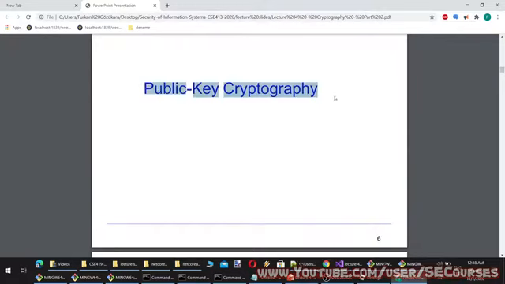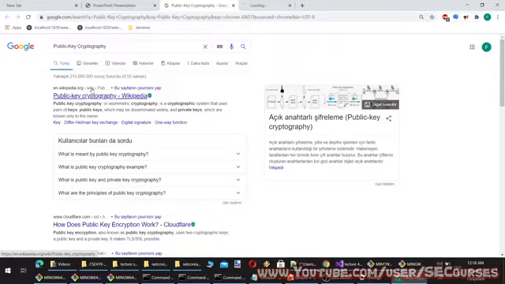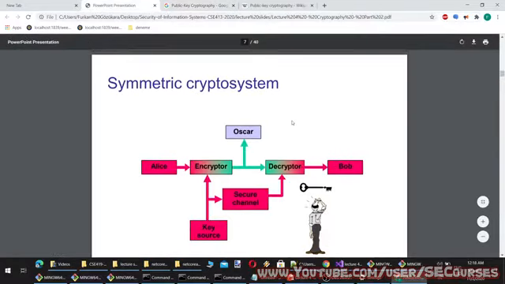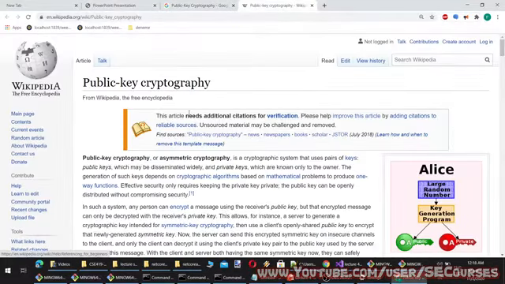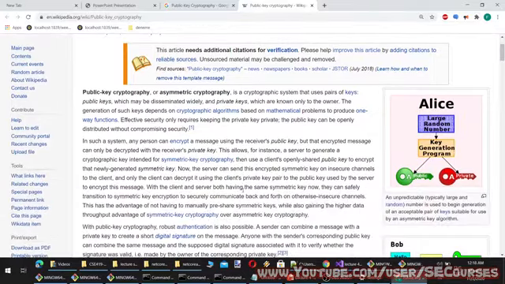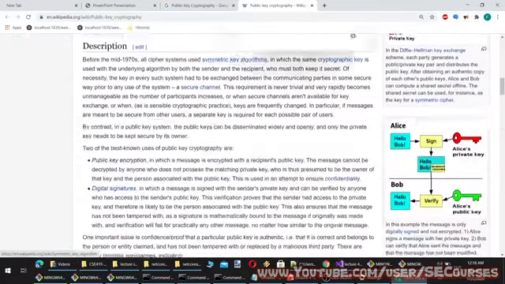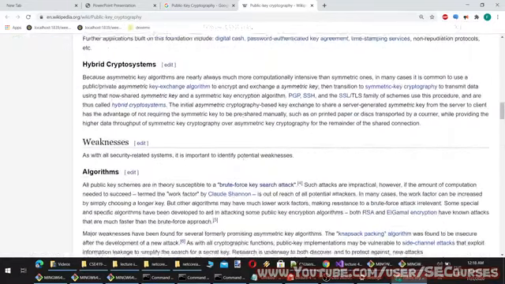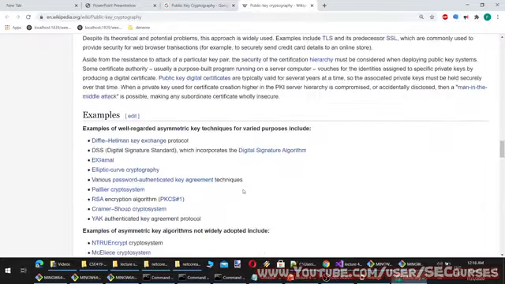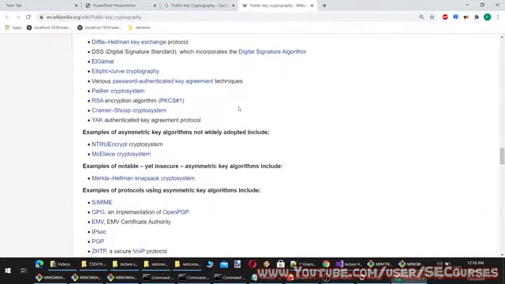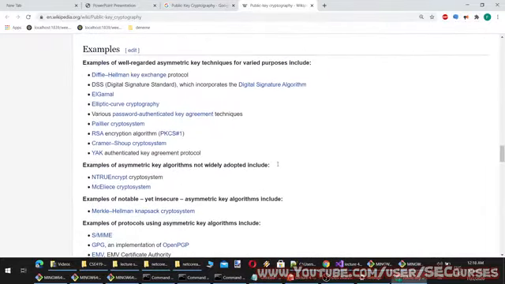So, public key cryptography. This is really important, and this is what we use in modern communication. Okay, public key cryptography is the source of HTTPS also.